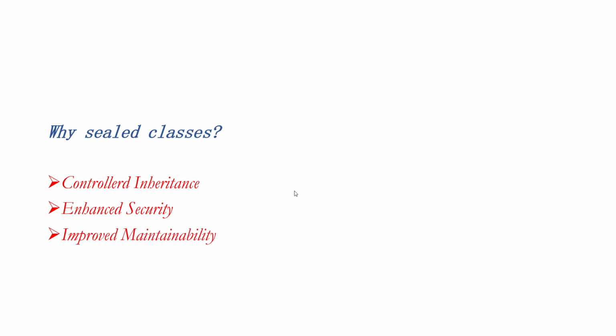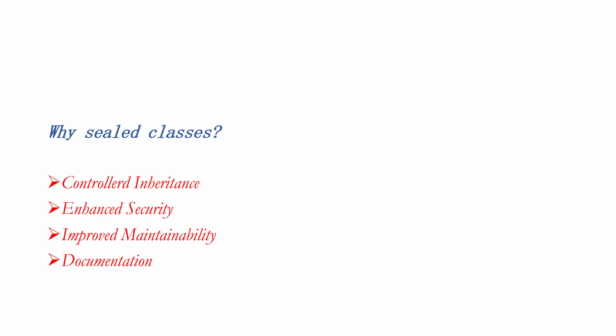Next, it provides improved maintainability, because the classes are now well defined, and developers can understand and maintain the relationships between the classes, and it is clear which class will extend which other class.